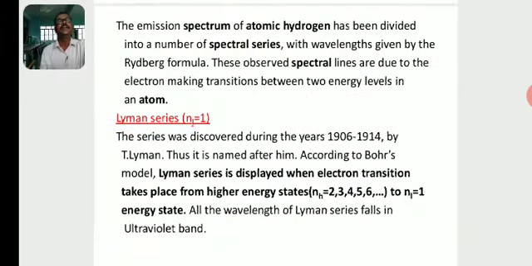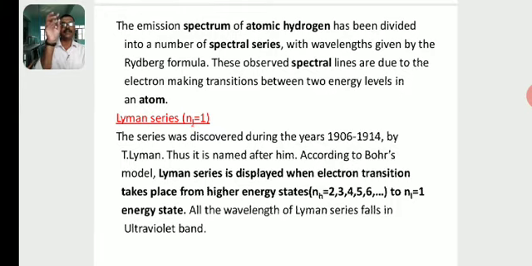The emission spectrum of atomic hydrogen has been divided into a number of spectral series with wavelengths given by the Rydberg formula. As we have seen earlier, the Rydberg formula: 1 by lambda is equal to R_H into 1 by n1 square minus 1 by n2 square.